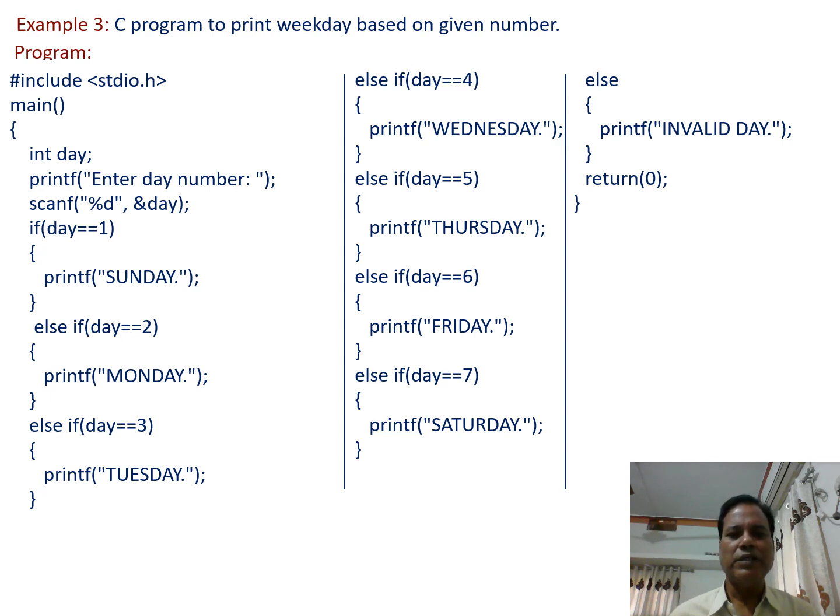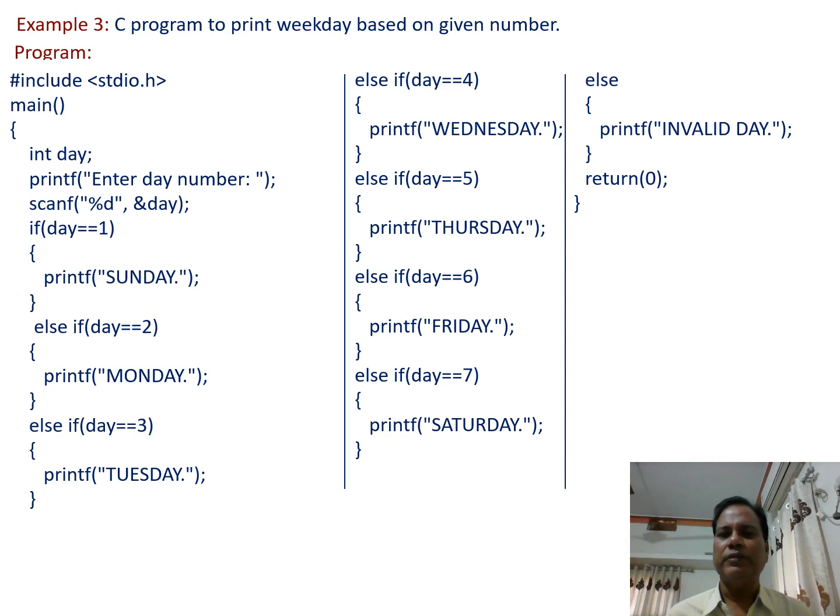Otherwise, else if the value of day is compared with 3. In this way, the value of day goes on comparing from 1 to 7, and once a condition is found true, that day is displayed. And at the last, if we enter an invalid number, suppose 8, in that case invalid day gets printed.